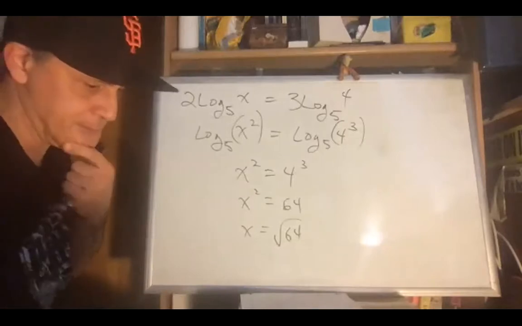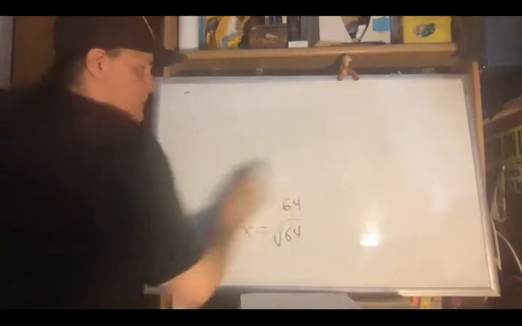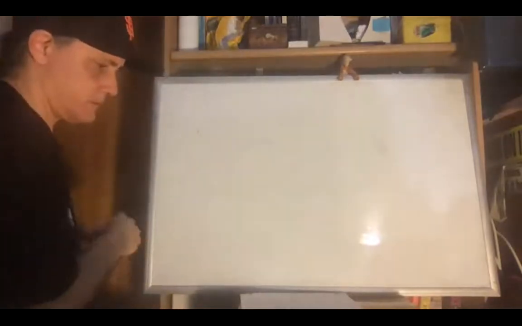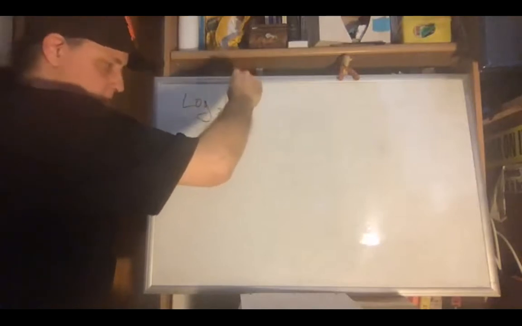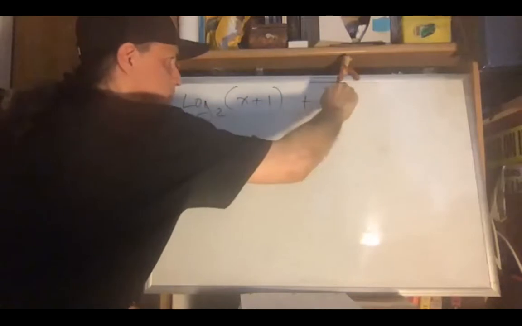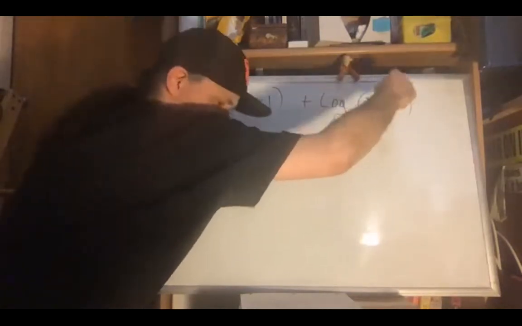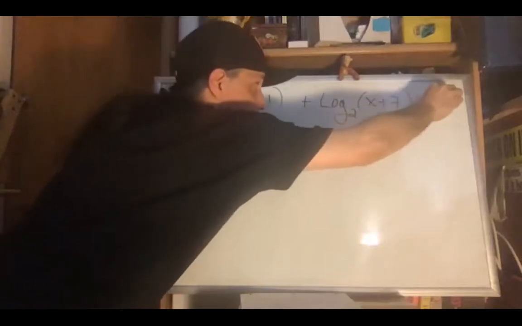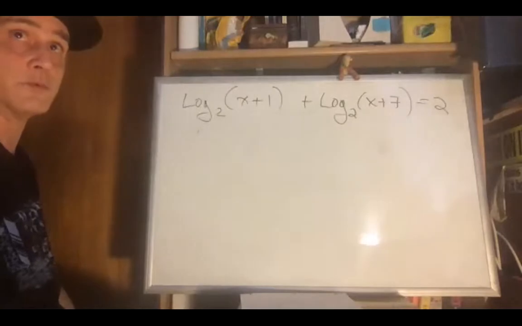Okay, well, let's look at 2 more. All right, so let's say we had log base 2 of (x + 1) plus log base 2 of (x + 7) equals 2. So this is going to wind up being a log equals number equation.